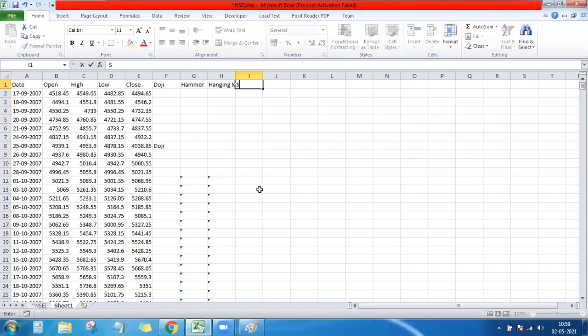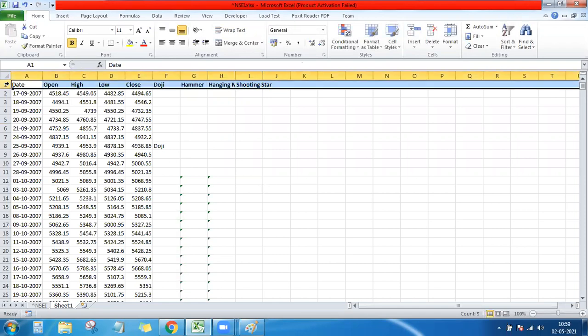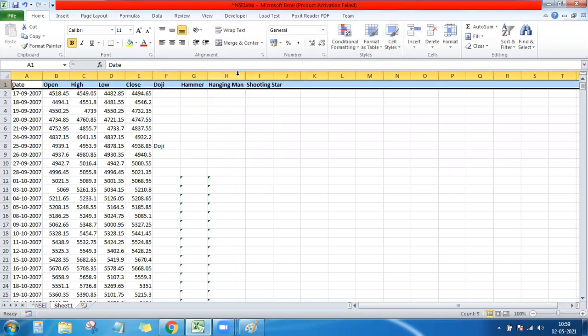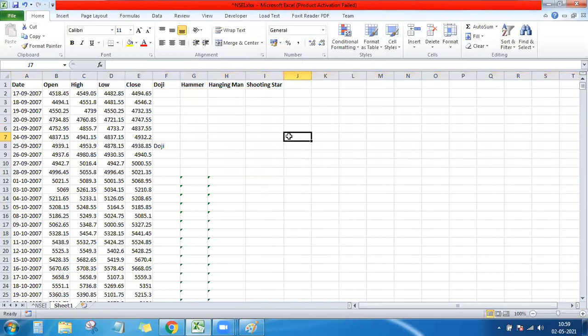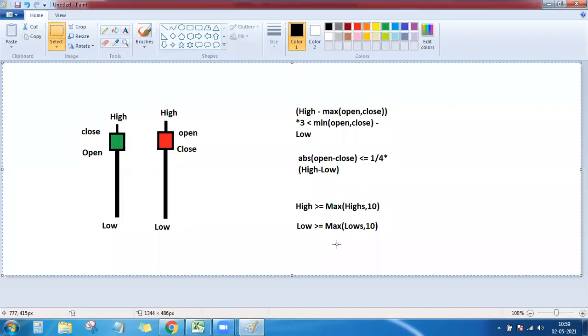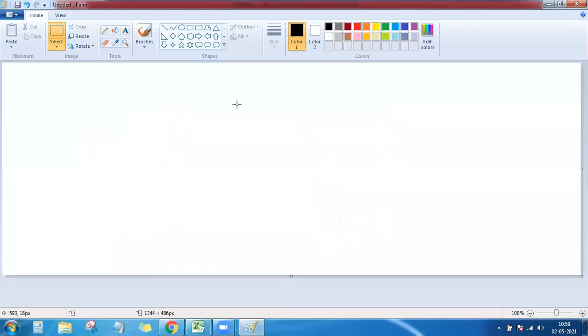Next comes the shooting star. How does a shooting star look like? Now the long wick will be at the top, and the smaller wick will be at the bottom.